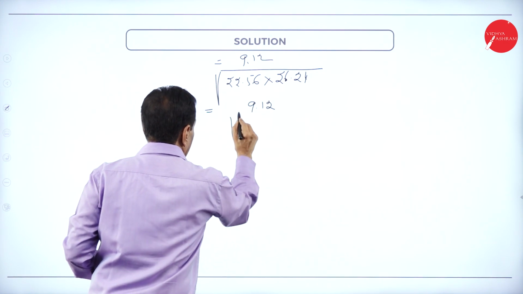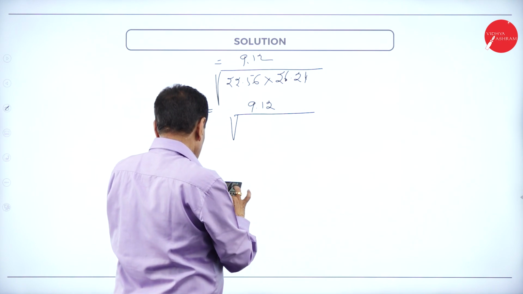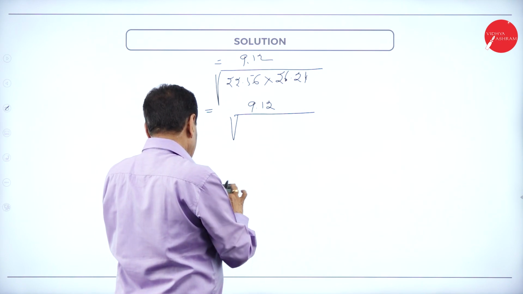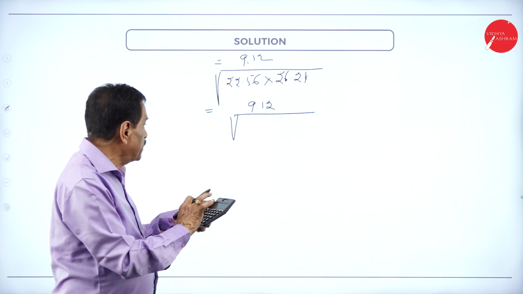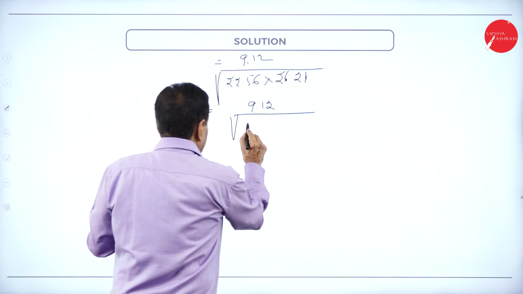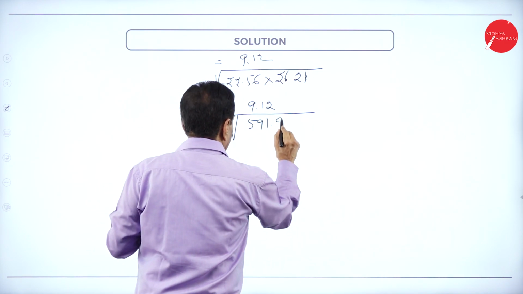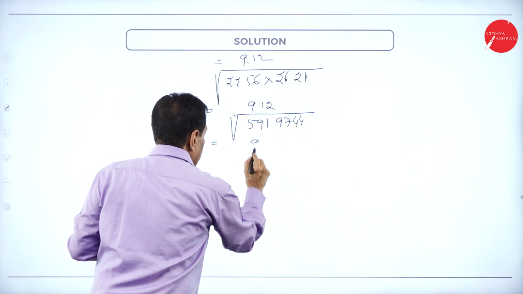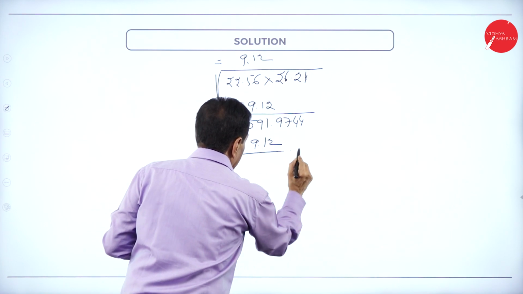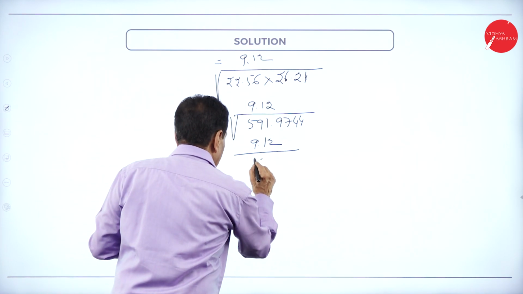This is 9.12 over root of 26.24 into 22.56, which is equal to 591. Root of this, 591.9744, is 24.33. So 9.12 divided by 24.33.